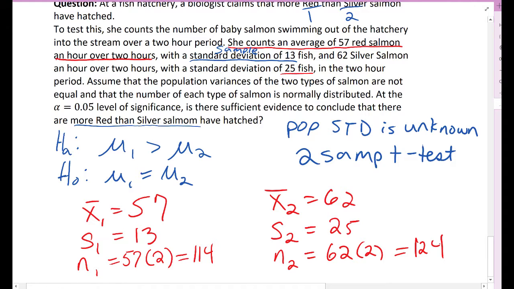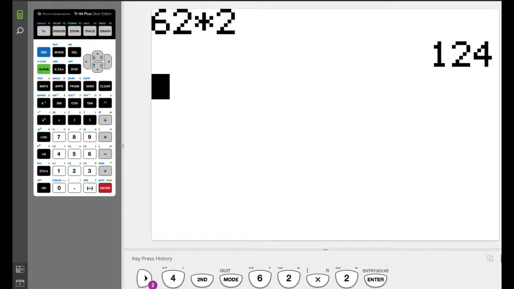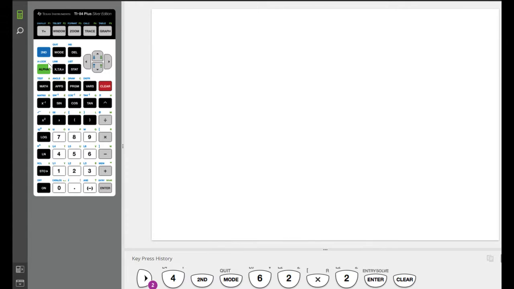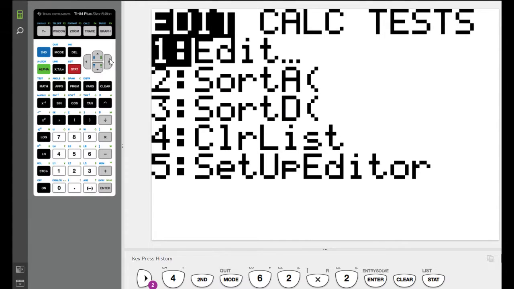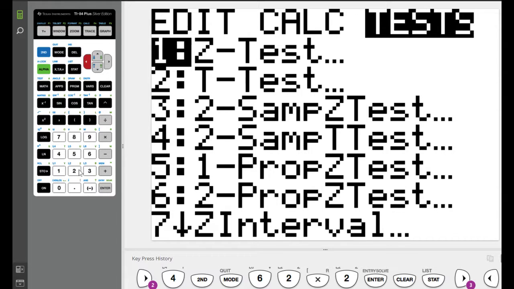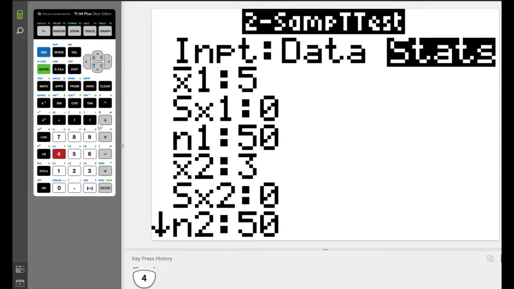Now all we have to do is feed all of this information into our 2-sample t-test, because the population standard deviations are unknown. Okay, stat, test. All right, 2-sample t-test, number 4. As I said, the input is stats.